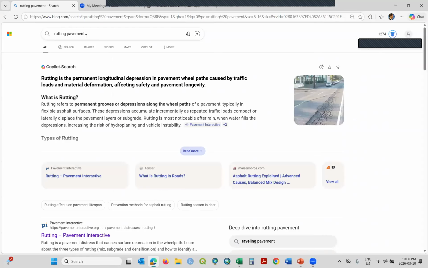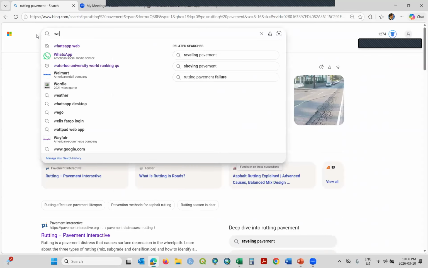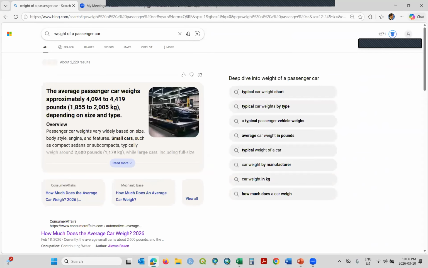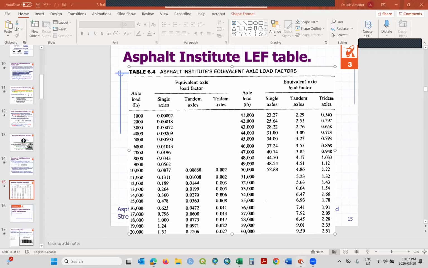So if you look at a passenger car, the weight of a passenger car is somewhere around 4,000 pounds, okay? And those 4,000 pounds will get distributed in two axles, so that means 2,000 pounds each. When you look at 2,000 pounds on an axle, you have 0.00018.